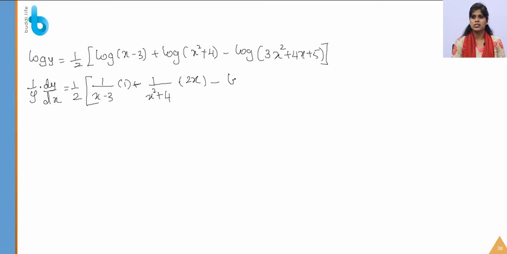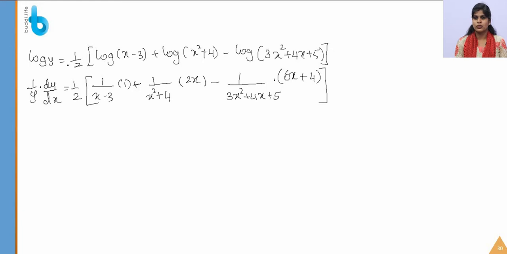Then minus log of this term gives 1 by (3x square plus 4x plus 5). Again differentiate this polynomial with respect to x. So, I will get differentiation of 3x square is 6x, plus differentiation of 4x is 4. Differentiation of 5 will be 0 since it is constant.